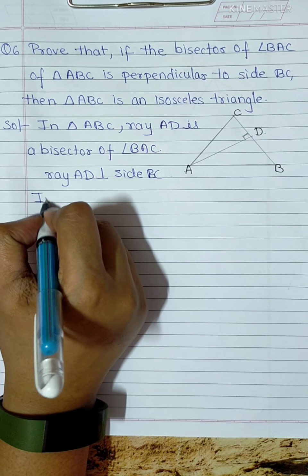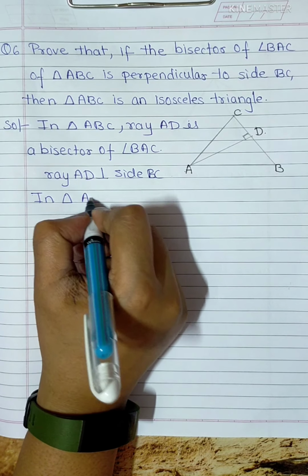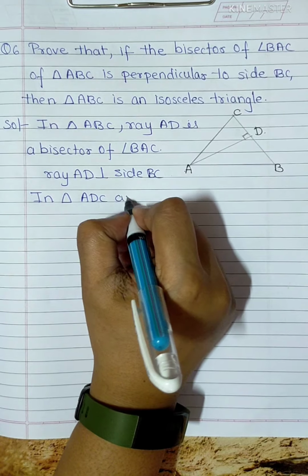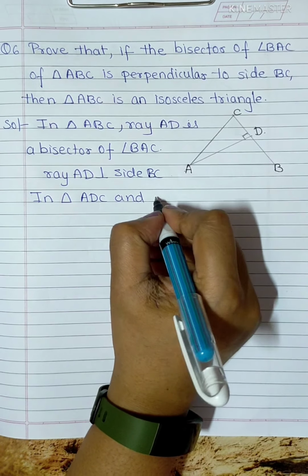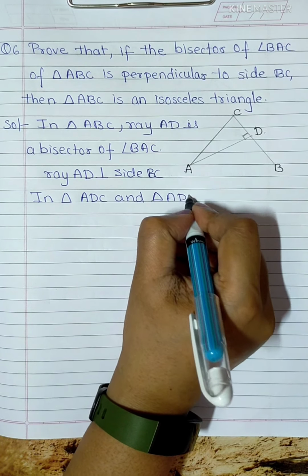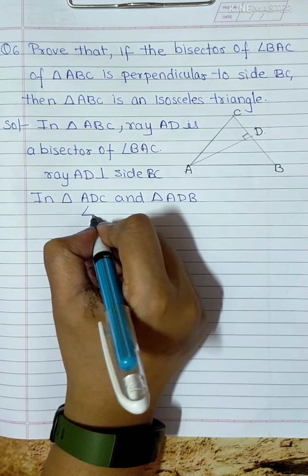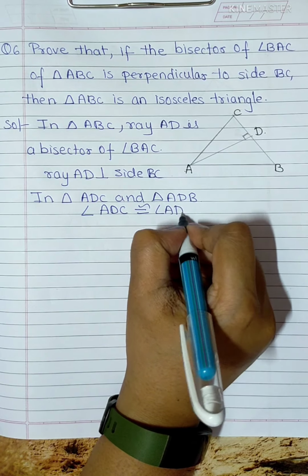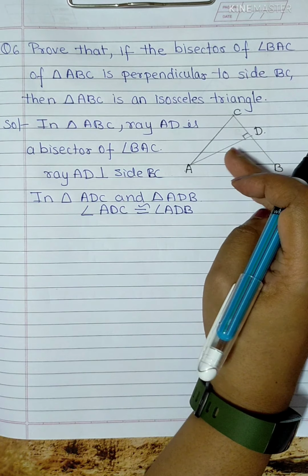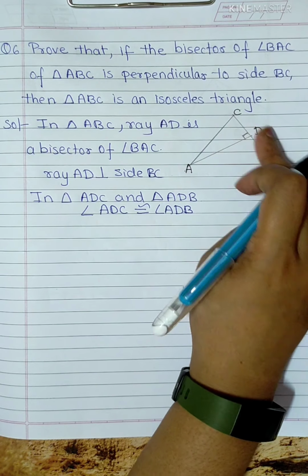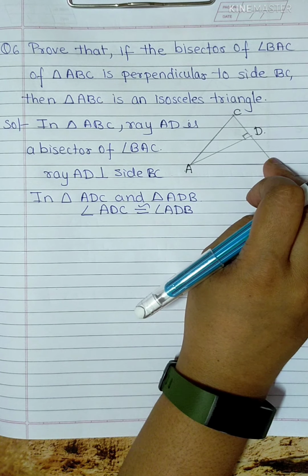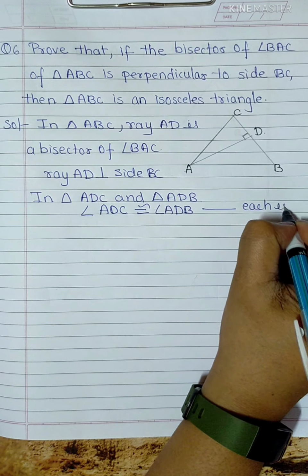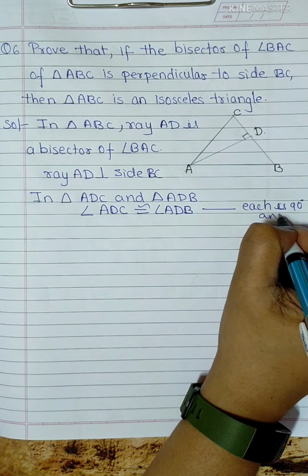Now we have to write in triangle ADC and triangle ADB, angle ADC is congruent to angle ADB. Angle ADB is congruent to angle ADC. Reason will be each is a 90-degree angle.